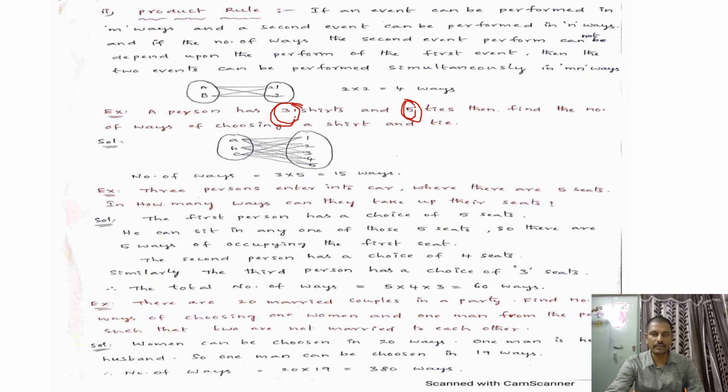The first work can be done in 3 ways, the second work in 5 ways. So both works can be done in m into n ways: 3 into 5, that is 15 ways. Is it clear?